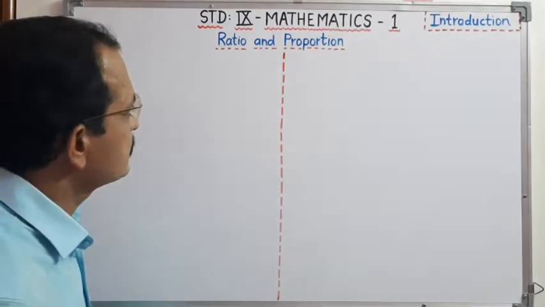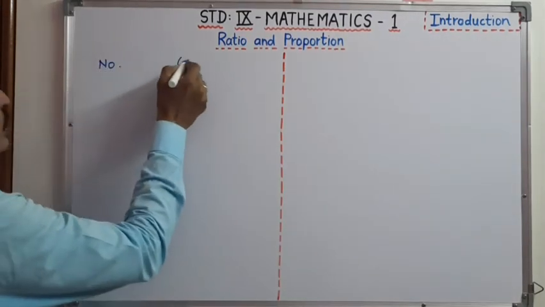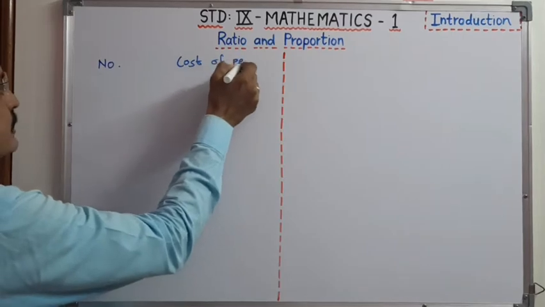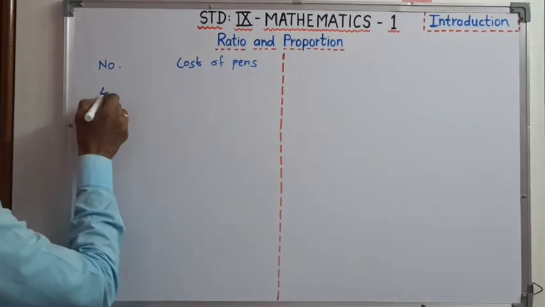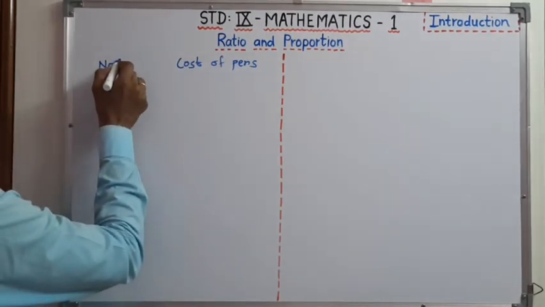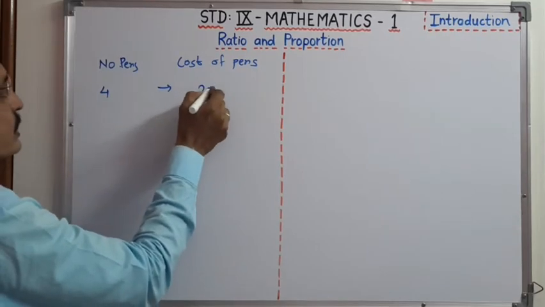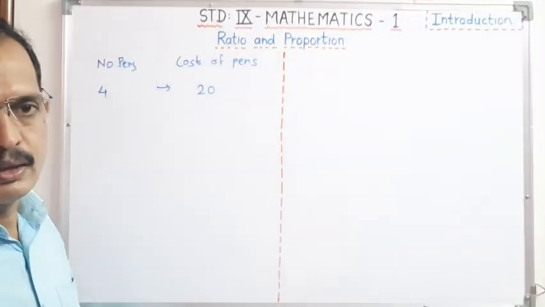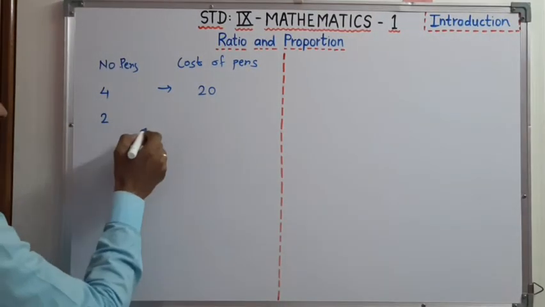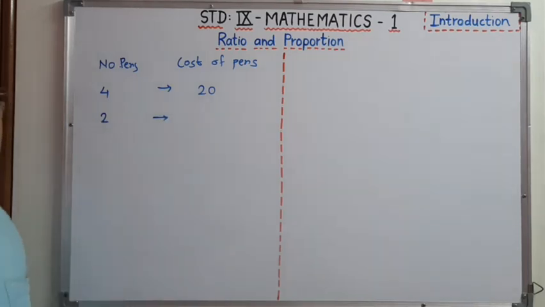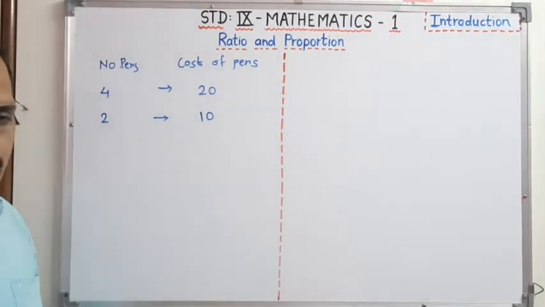See dear student, suppose the number of pens and the cost of pens. These are the two quantities. If I take 4 pens, at that time the cost is 20 rupees. Then suppose I take 2 pens, the cost of 2 pens is 10 rupees.